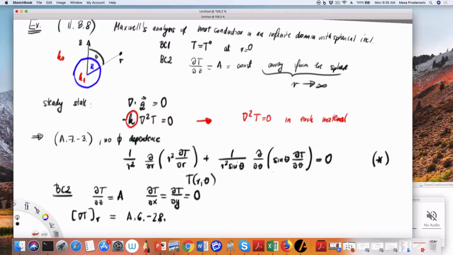Again, gradient is gradient. I just choose to look at it in two different coordinate systems. So this is based on the appendix: sine theta cosine phi dT/dx plus sine theta sine phi dT/dy plus cosine theta dT/dz.